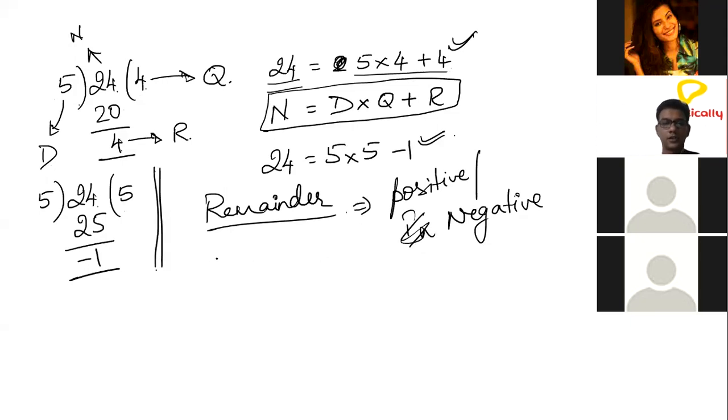But remember this, that whenever I have to mark an answer to a question, my answer is always searching for a positive remainder and never a negative remainder. We will use a negative remainder only to solve problems and reduce the effort of solving them, right?